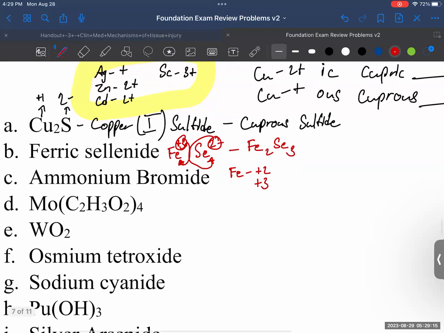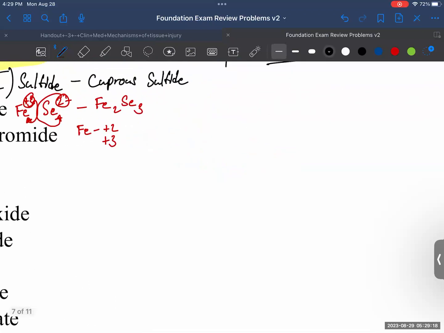So I'll just write these out real quick because I think I'm overwhelming you with all this information. So iron, ferrum; gold, aurum; silver, argentum. But silver only has one charge, so you really don't need to know that one.